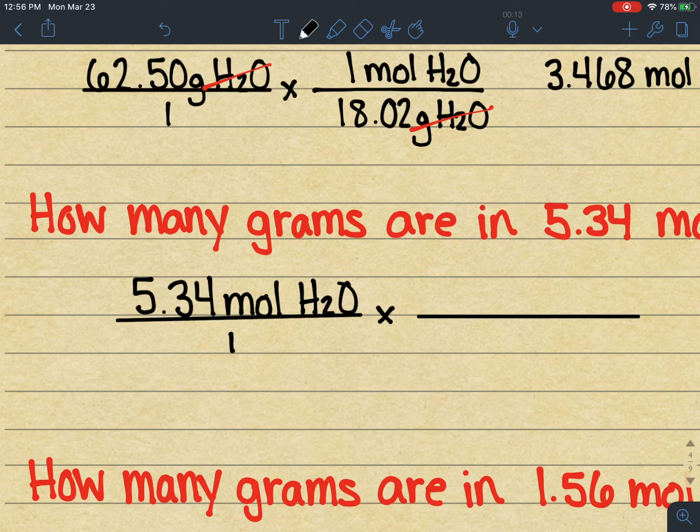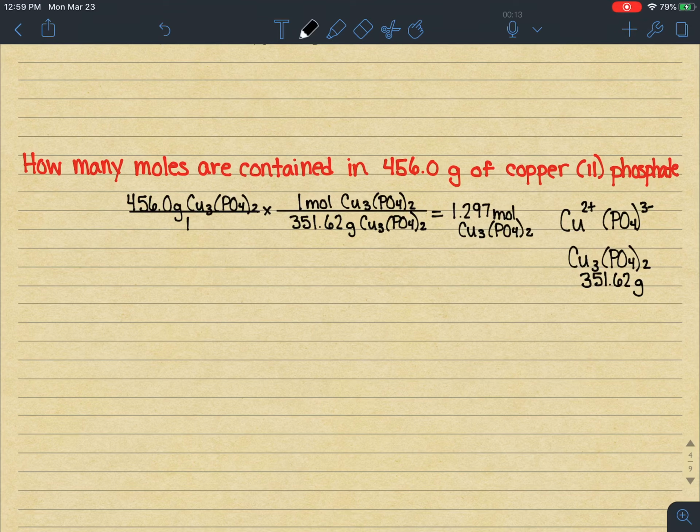Again, when I go to calculate this out, I can only have 4 sig figs in my final answer due to that 456.0, and my answer should be 1.297 moles of Cu3(PO4)2. And that should conclude your notes on this section.